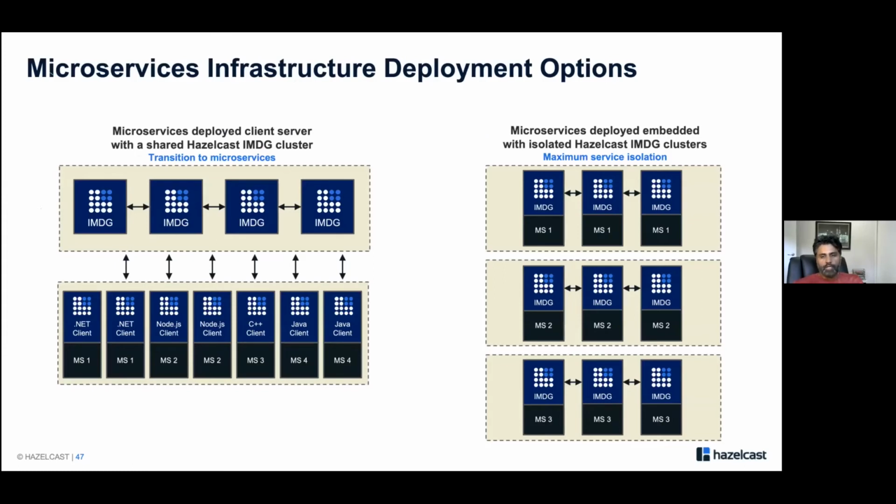It's also a great tool to be used in microservices based architecture. You can define different isolation levels in your microservice architecture, and Hazelcast can fit in all those different isolation levels quite easily.